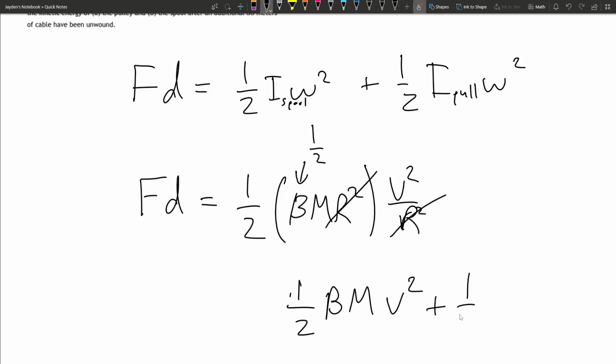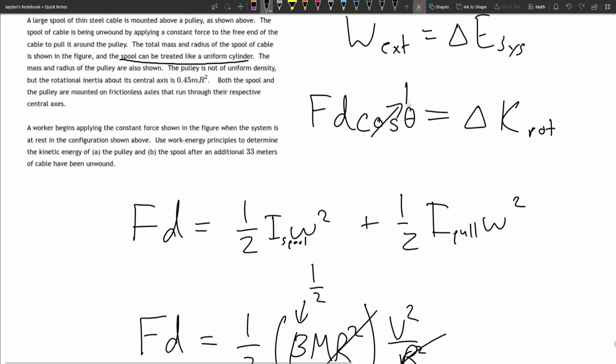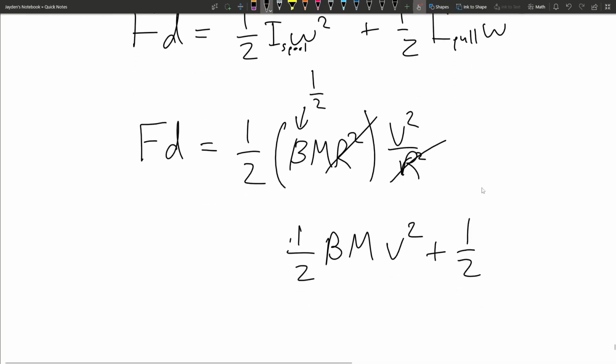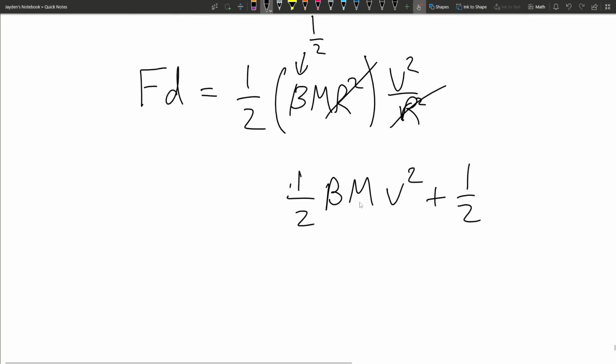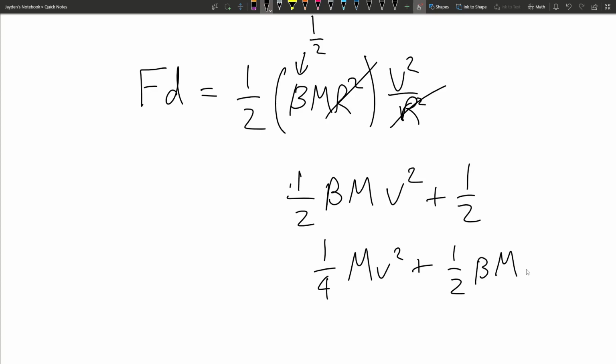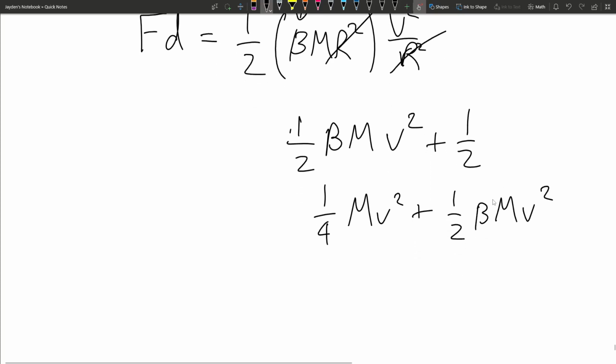But this time, they give us the beta. It's 0.45 for this one. So let's replace this with a 1/2 and turn this into a 1/4 m v squared plus a 1/2 times beta m v squared as well, because the radii are going to cancel out respectively.